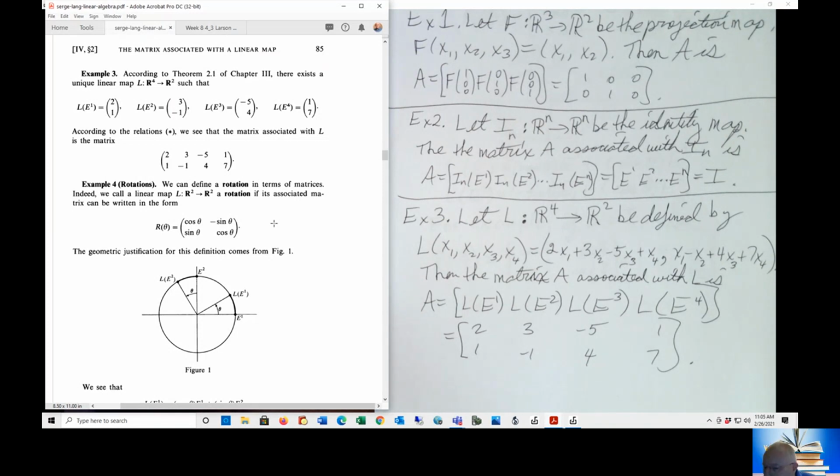Then the matrix A associated with L is the matrix whose columns are L evaluated at E1, E2, E3, and then E4.